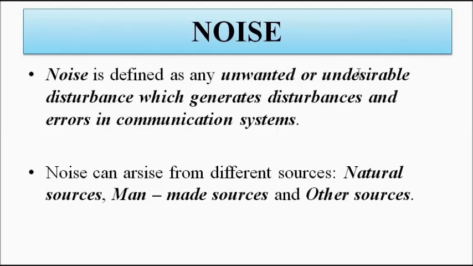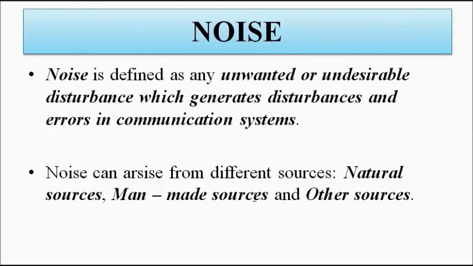Any unwanted or undesirable disturbance which can cause error or change the shape of the original signal waveform is called noise. It can be due to natural sources or man-made sources or any other sources, because of the characteristics of the channel, depending on whether we are using wired or wireless channels.